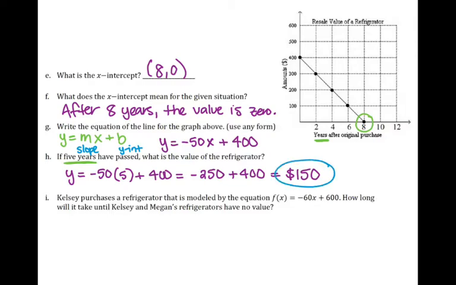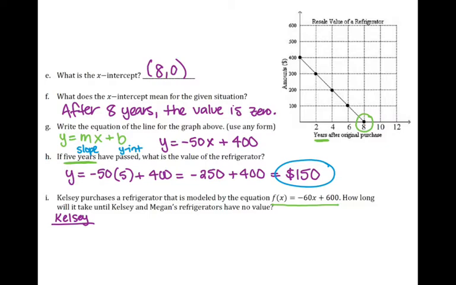Kelsey is also purchasing a refrigerator, and the value of her refrigerator is modeled by the equation negative 60x plus 600. How long will it take until Kelsey and Megan's refrigerators have no value? Let's look at one person at a time. Kelsey's equation is negative 60x plus 600. For something to have no value, that means the amount in dollars is 0.